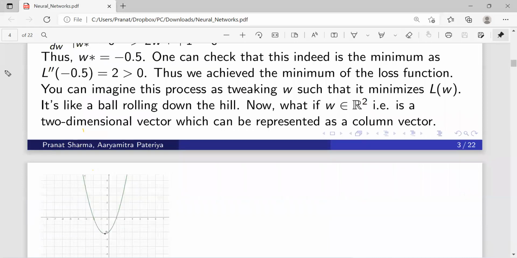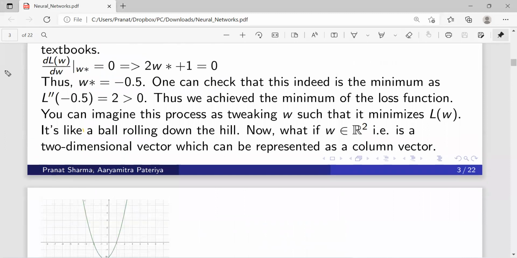R squared is R Cartesian product R. So R is an uncountably infinite set. It will be lots of ordered pairs, obviously uncountably infinite. It is basically a two-dimensional plane, right?